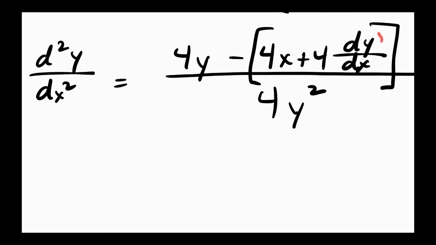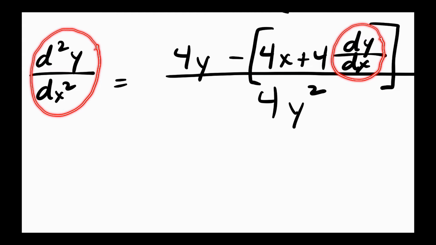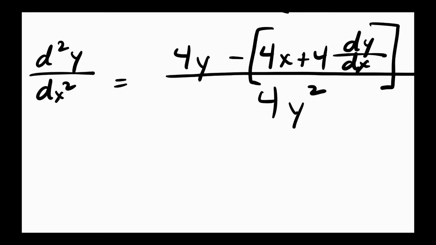But how can I isolate this on one side when I have this as well? And do I want to isolate this guy? Because this means first derivative, and that's not what I want. I want to isolate this guy here. So this is where there's a little bit of a trick, a little bit of a wrinkle.